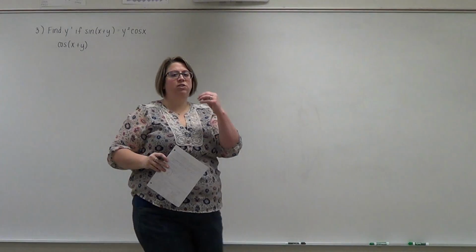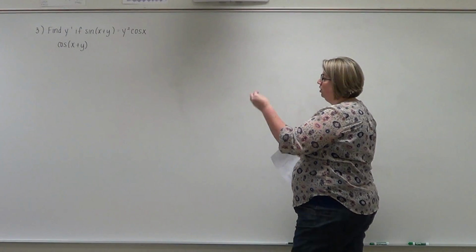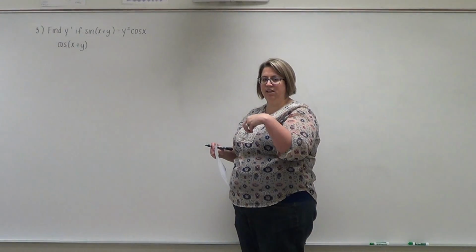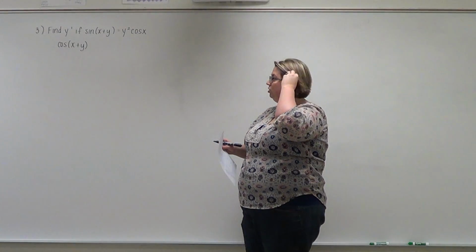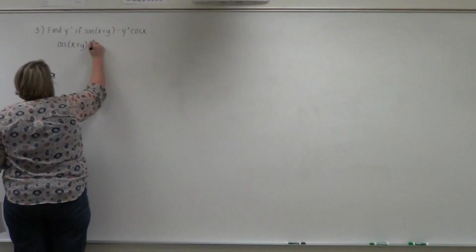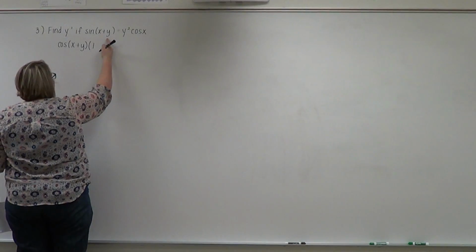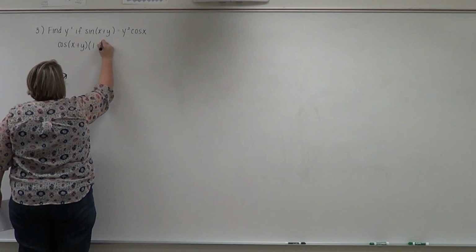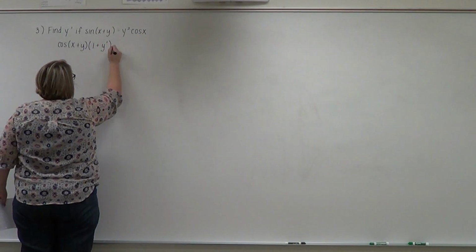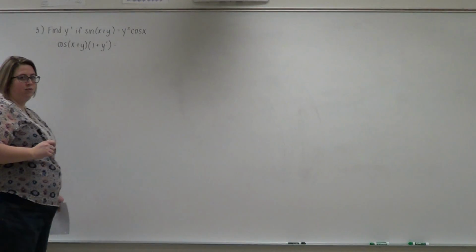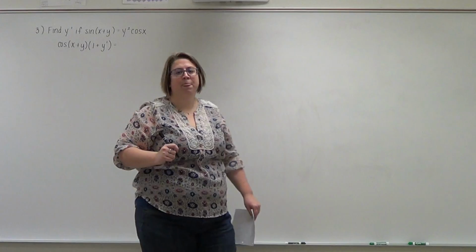Then the chain rule says you do the derivative of the trig function, but then you also have to do the derivative of what's inside the parentheses. The derivative of x is 1, and the derivative of y is 1, but since you're doing the derivative of y, you have to have your y prime, or your dy dx.